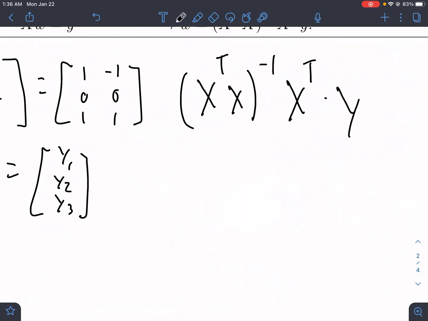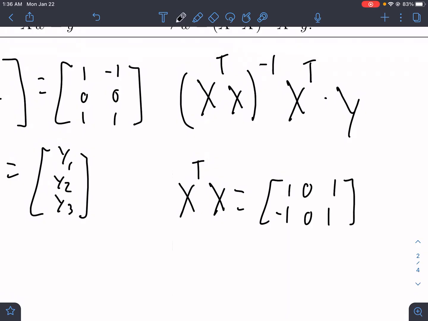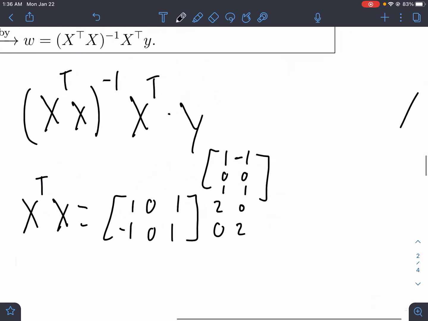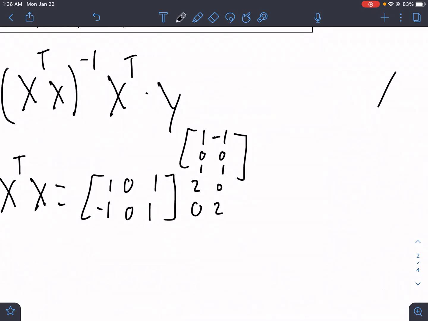Now x transpose x, it's going to be 1, 0, 1, -1, 0, 1, 1, 0, 1, 1, 0, 1, and we're going to get 2, 0, 2, 0. Okay, now we need to find the inverse of this.